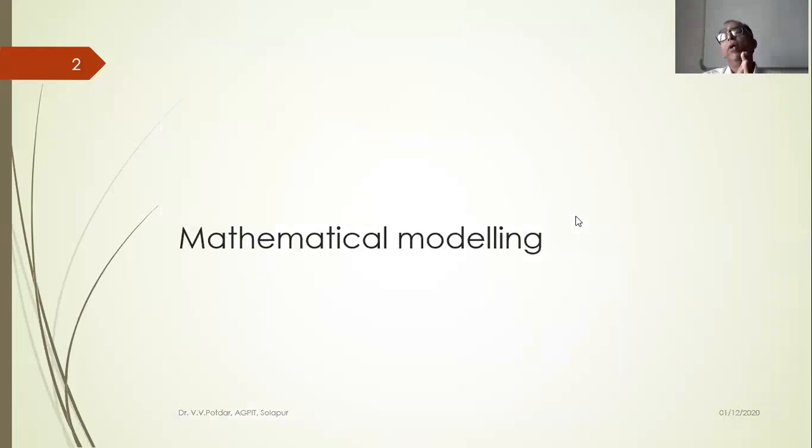Let us move further, friends, and try to understand why mathematical modeling is required. Now, we already discussed what we do in control system studies. Whatever physical system, physical device, or physical product I'm going to design and develop, I have to design it for various aspects.